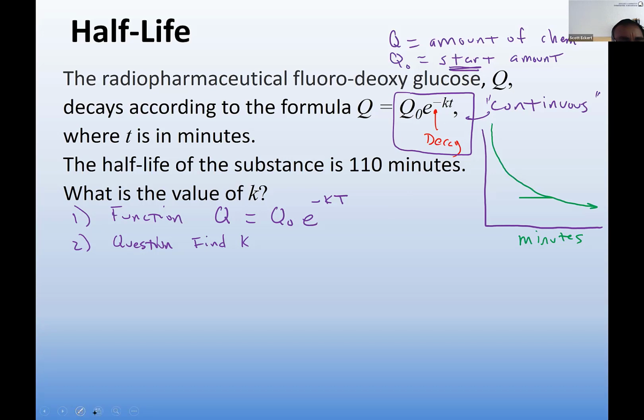Our function before would have been more like this: y equals a e to the rt. And so the K number that they're asking us to find is like our r. So really we're trying to find r. So to connect all the dots here, they're saying K is like the r. We got to find the rate.